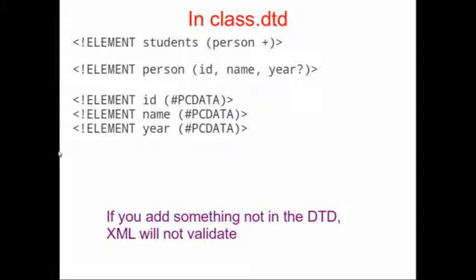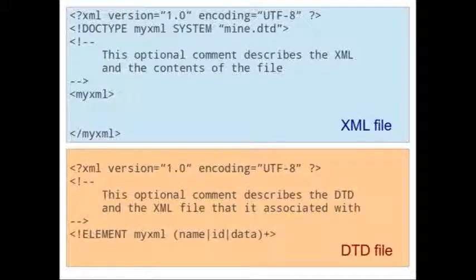Okay, so let's take a look at the XML and the DTD. So here's our XML file in blue, and here's our DTD file in red. We have a declaration that we're going to have an XML file. We have a line that describes our DTD. You can include an optional comment that describes the XML file and perhaps the contents of the file. Why did you create it? Who created it? When did they create it? And so on.